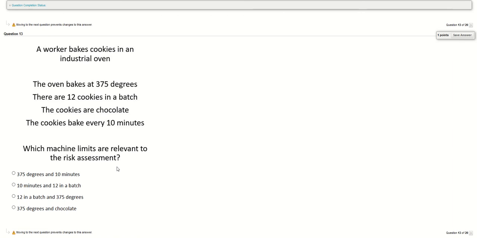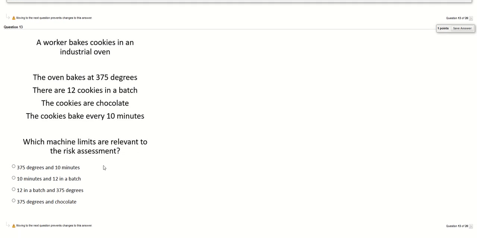Worker bakes cookies in an industrial oven. Oven bakes at 375, 12 cookies in a batch. Cookies are chocolate. Cookies bake every 10 minutes. Which machine limits are relevant to the task, the risk assessment? So 375 and 10 minutes. The 375 gives you an idea of the severity of the injury. 10 minutes gives you an idea of the frequency. 12 in a batch doesn't really tell you anything, and chocolate doesn't tell you anything.